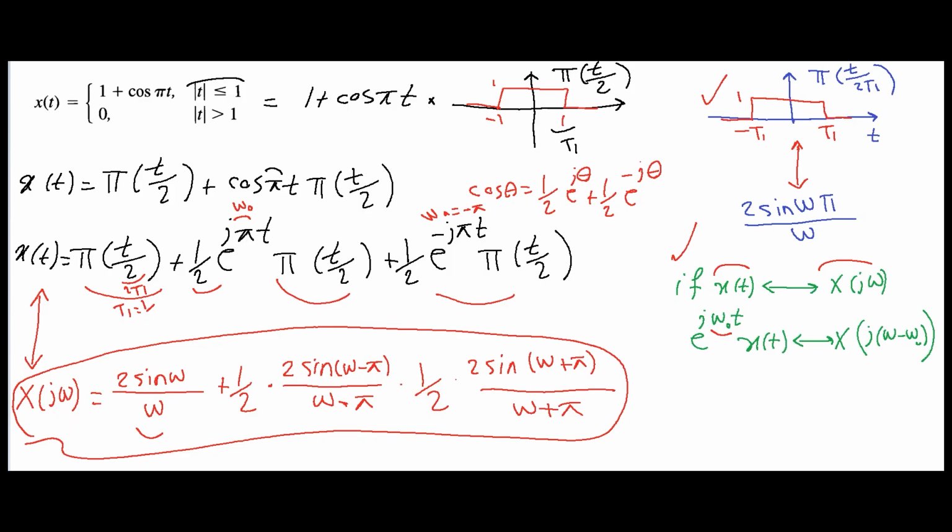So in this example, instead of solving difficult integrals, we used signal decomposition, Euler's formula, and the frequency shifting property to compute the Fourier transform easily.